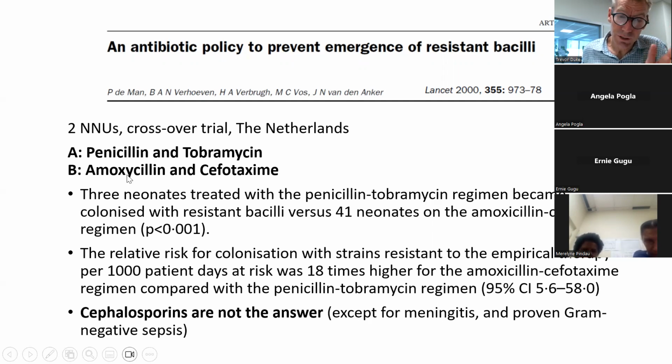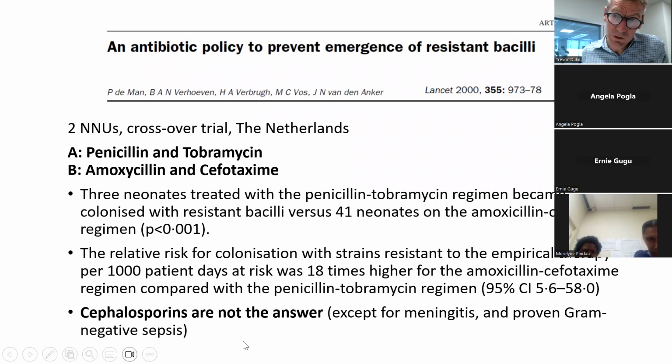The alternative in this neonatal unit was amoxicillin and cefotaxime, and they found a much higher rate of colonization of newborn babies with resistant bacteria that had received amoxicillin and cefotaxime. So if you use more third generation cephalosporins, you will generate more resistance.